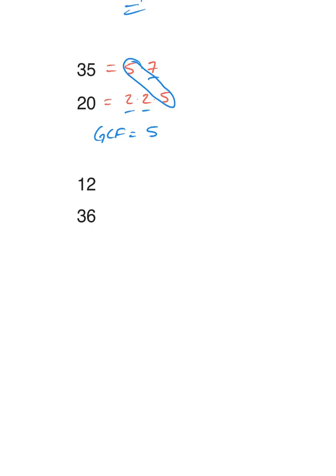Now 12 is 2 times 2 times 3, and 36 is 2 times 2 times 3 times 3. Again, these two are both on that worksheet, so if you've done that worksheet, you should have these done. Then when I circle what they have in common, they have a 2 in common, they both have another 2 in common, and they both have a 3 in common.